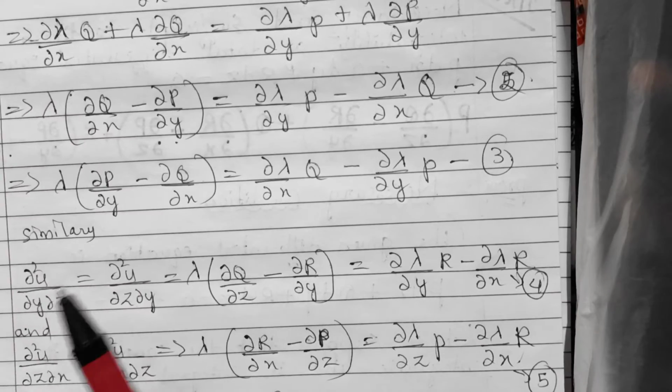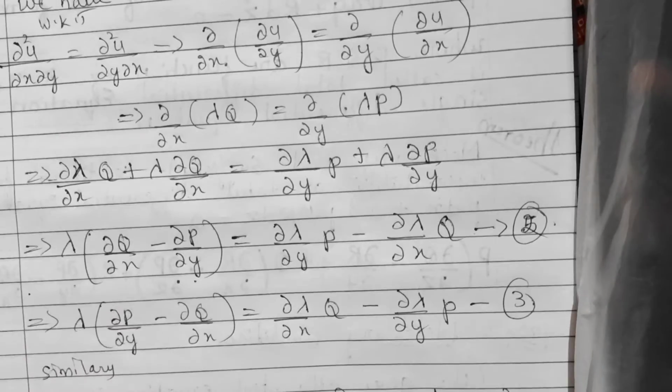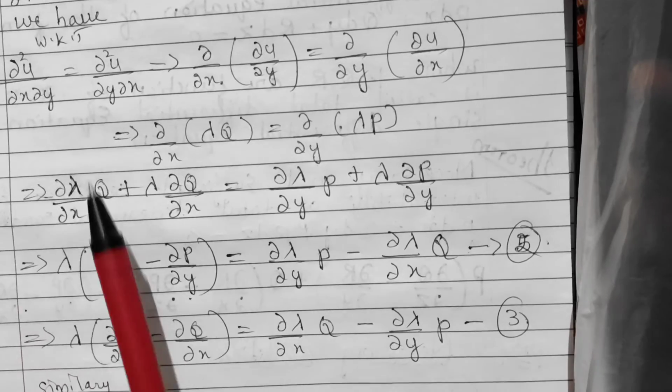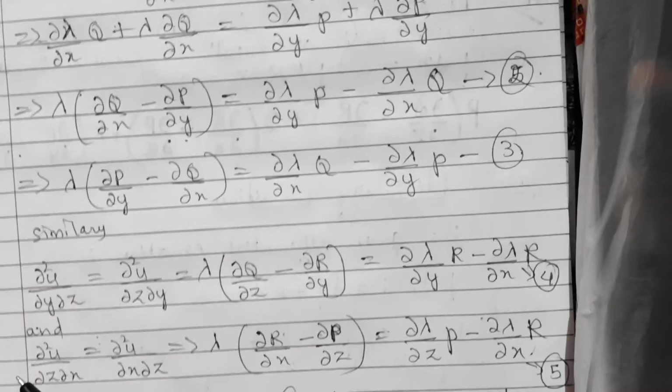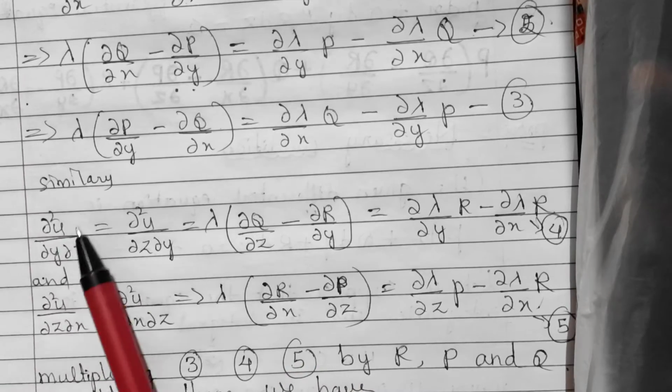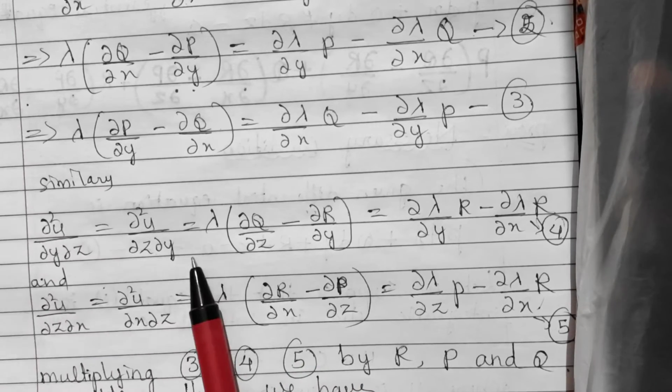Similarly, here we took the exact condition for x and y, that is ∂²u/∂y∂x. Again similarly, we have to take another condition, yz and zy.